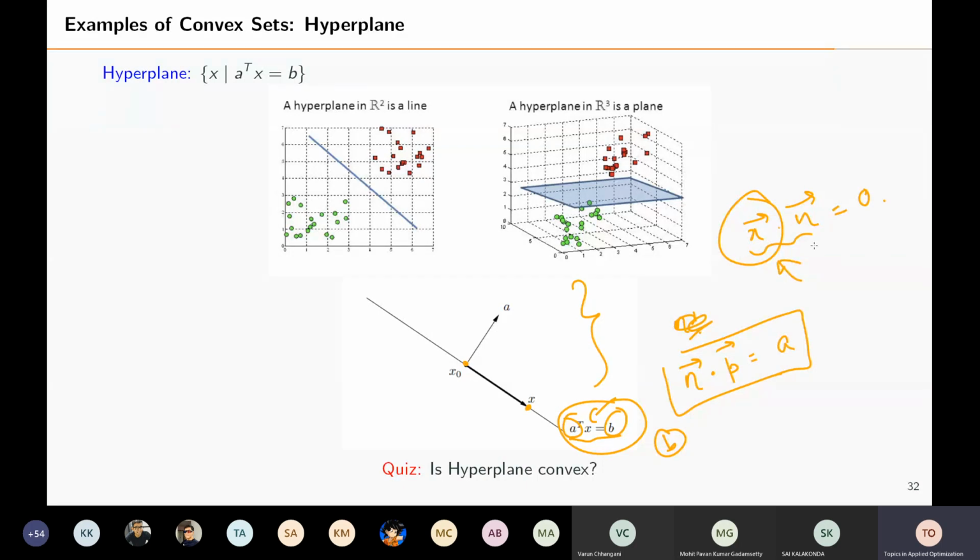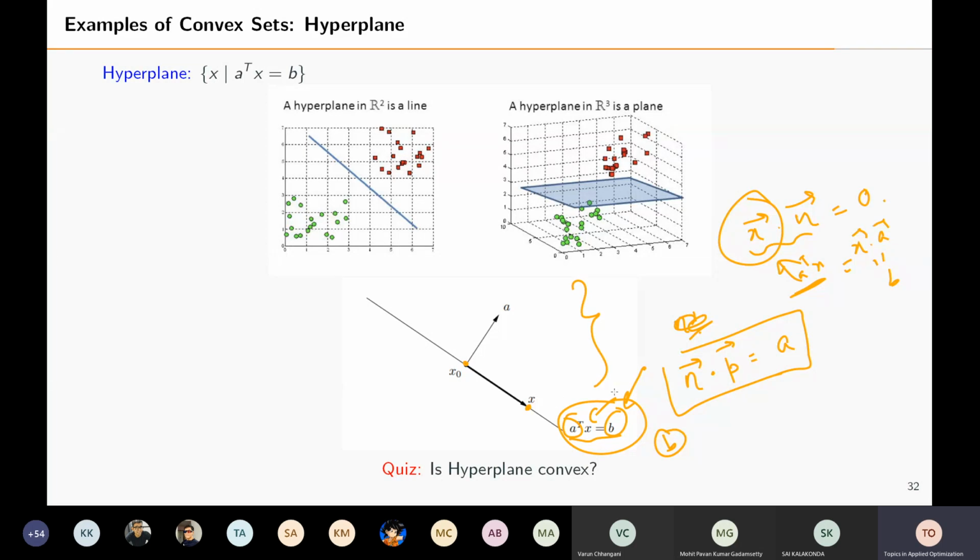If it passes through the origin, then you will have A transpose x here. Okay, so you can recall these things.